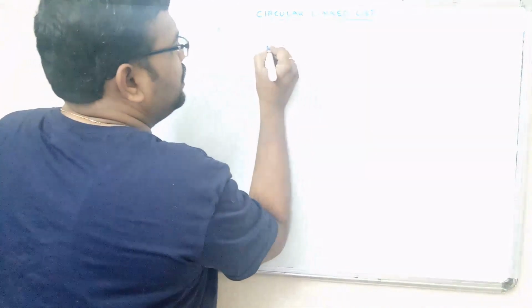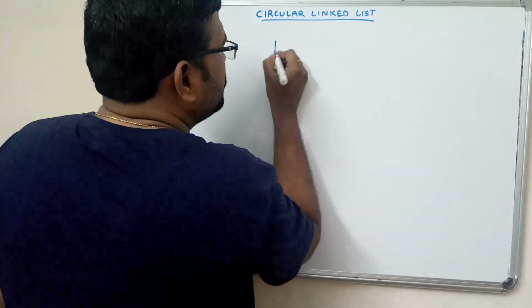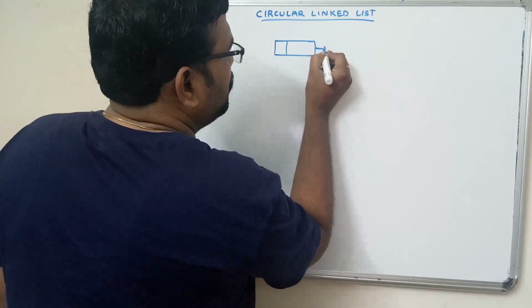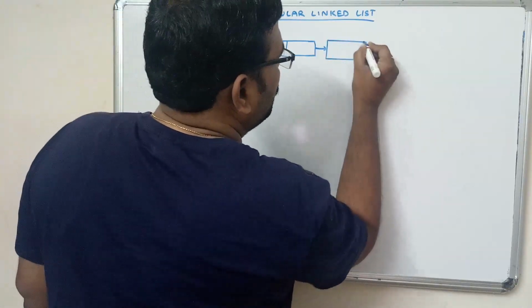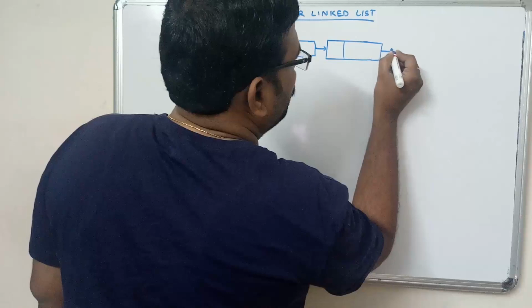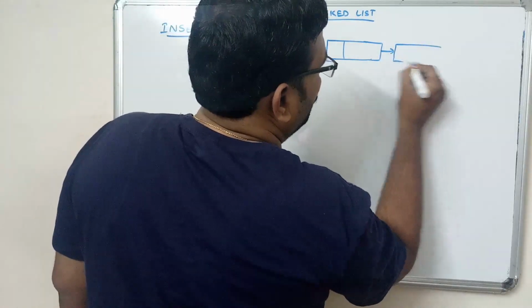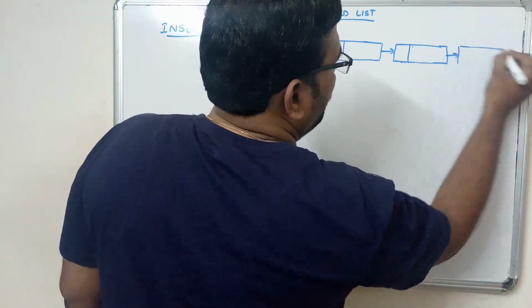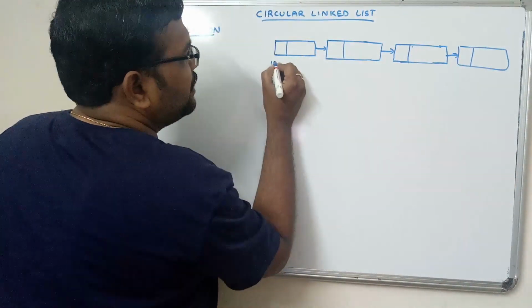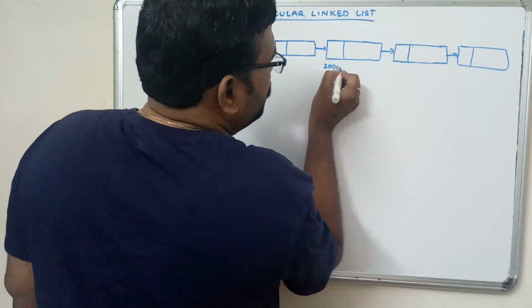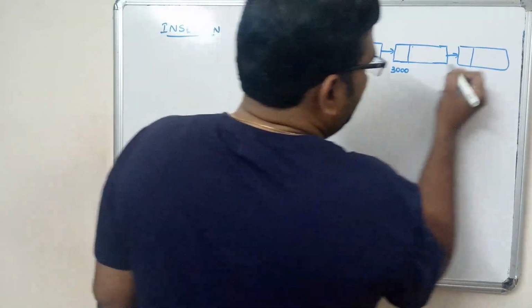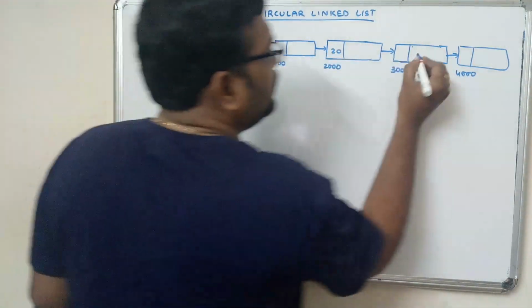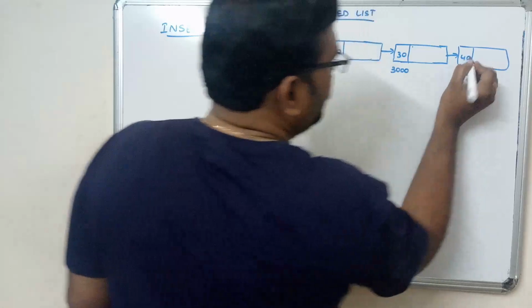Let us consider one example with 4 nodes. The addresses of the nodes are 1000, 2000, 3000, 4000, and let the values be 10, 20, 30 and 40.